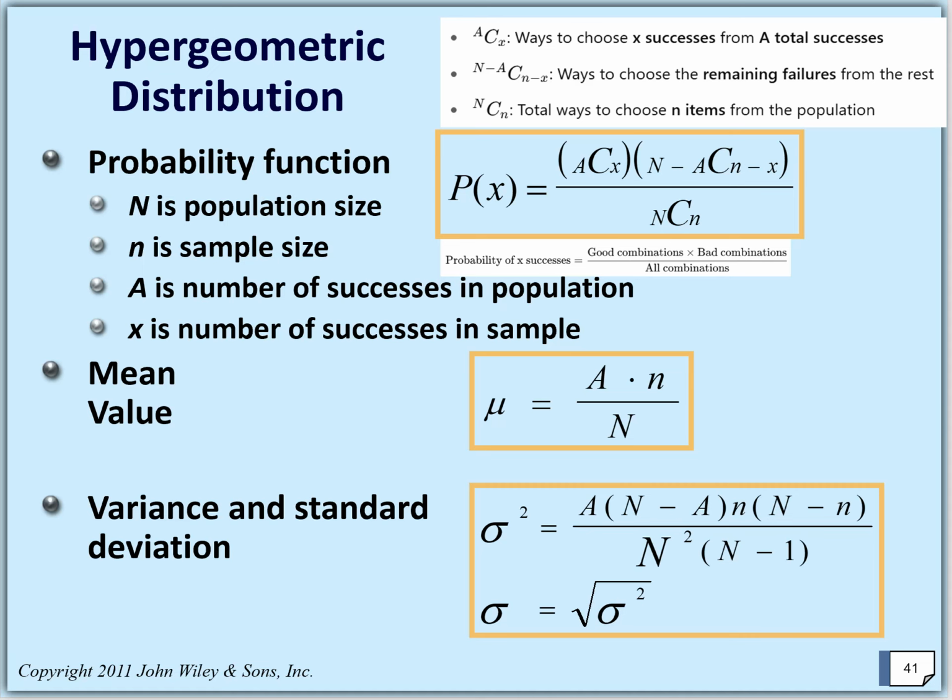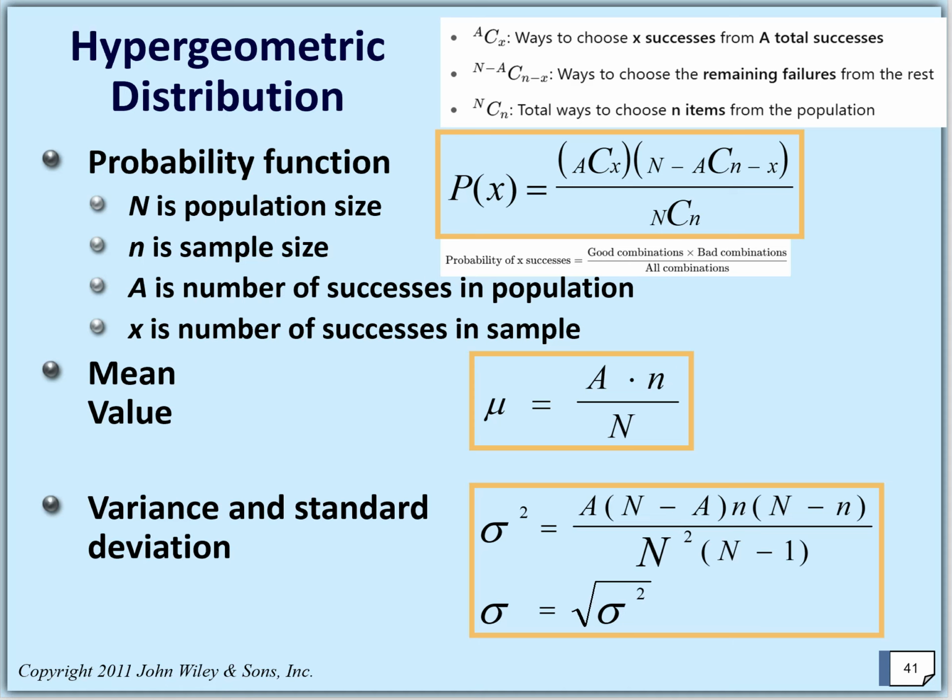N minus A is the total population minus A, so N minus A C n minus X is the ways to choose the remaining failures from the rest of the lot, and NCn is the total ways to choose n items from a population. So you had 10 people, you choose 1, now 9 are remaining. You choose 1 more, 8 are remaining, and so on.